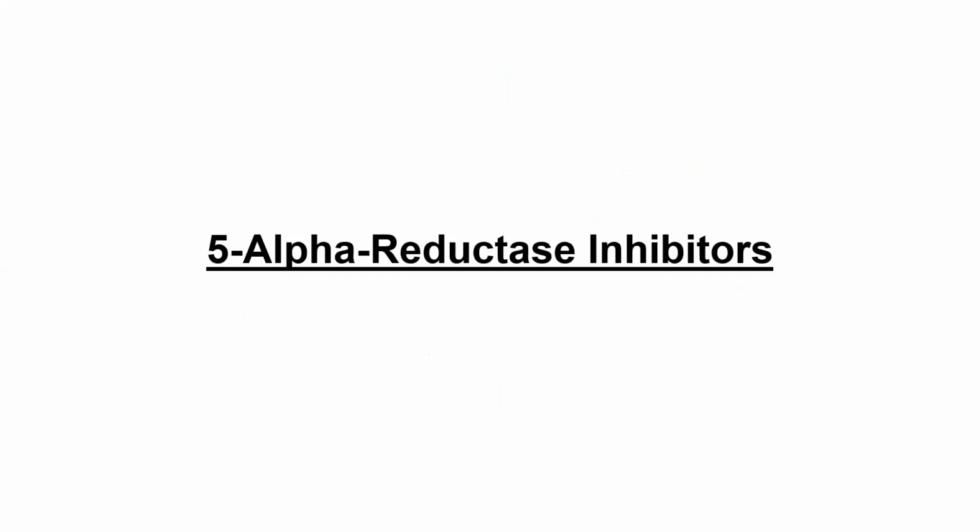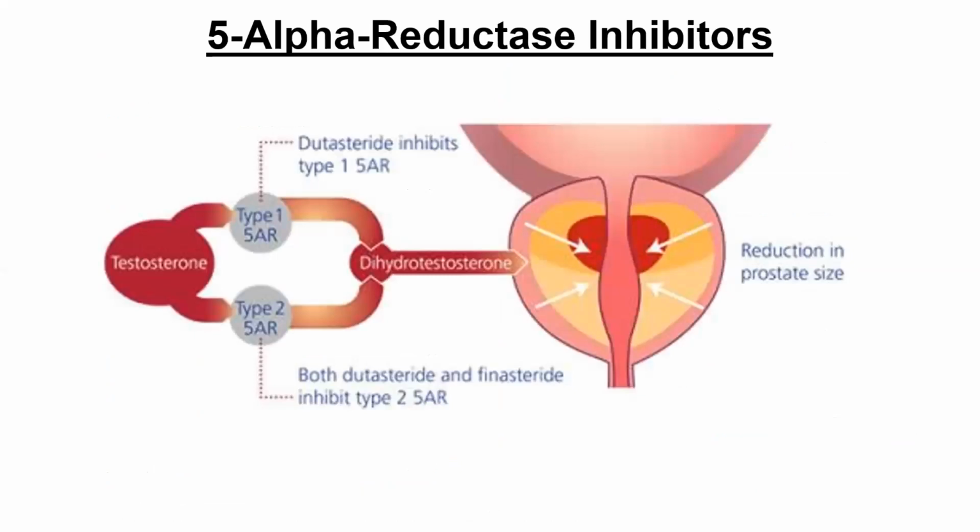The next class of drugs for treatment of BPH is the 5-alpha reductase inhibitors. We talked a little bit about this earlier when we were talking about herbal medications that have effects that can be used in BPH. If you recall, the pathophysiology of BPH is the enlargement of the prostate gland, and one of the mechanisms supporting that enlargement is increasing levels of dihydrotestosterone.